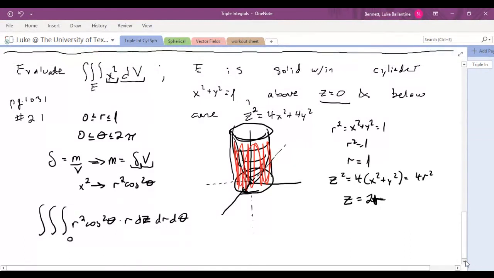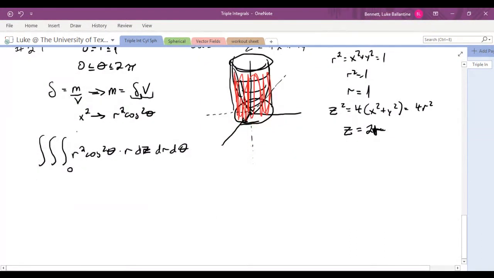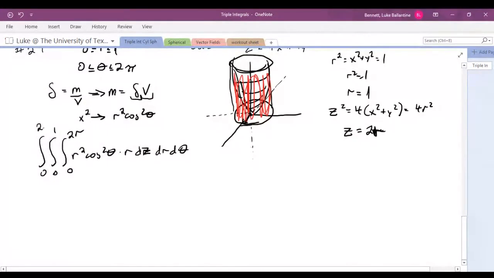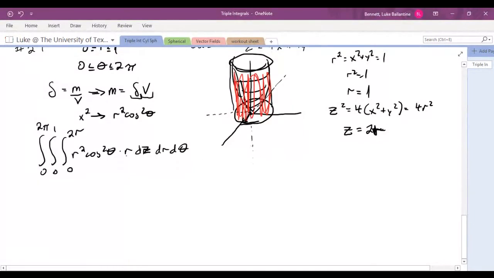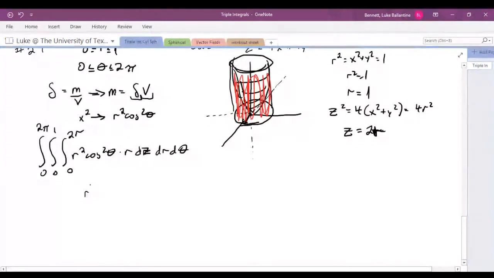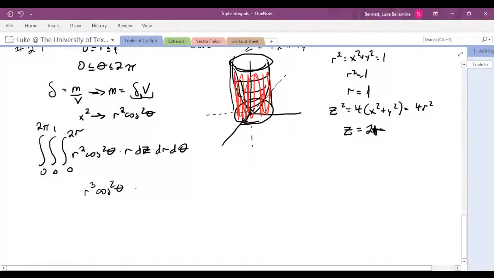So let's go ahead and evaluate this integral. Oh wait, I need the bounds. So z goes from 0 to 2r, r is going from 0 to 1, and theta is going from 0 to 2 pi. So we have r squared cosine squared theta times r, which is r cubed cosine squared theta, dz dr d theta.